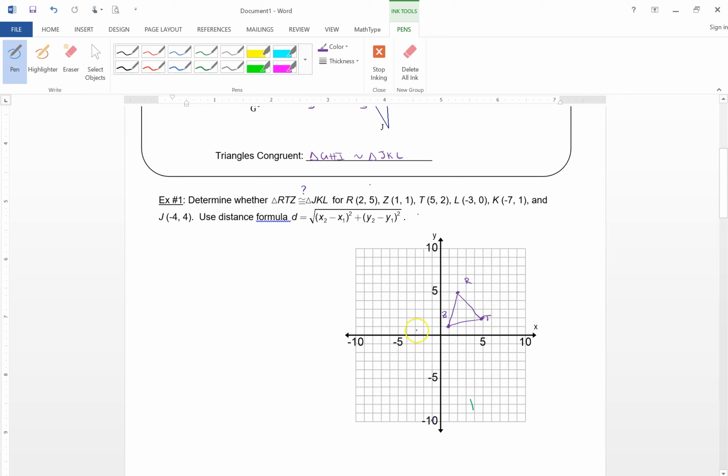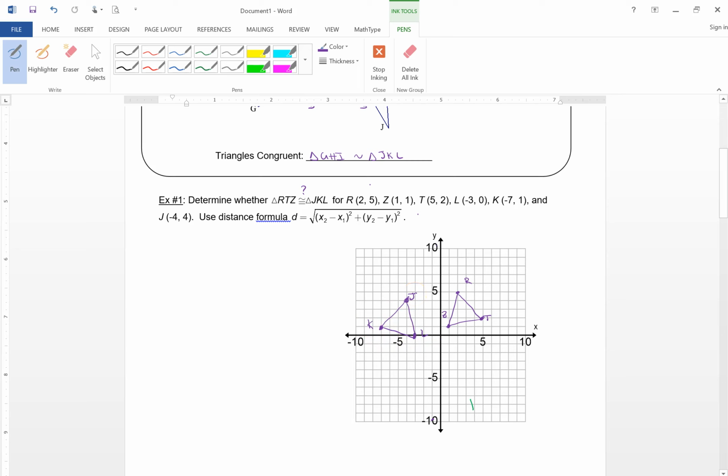And for the other one, L is at -3, 0. K is -7, 1. J is -4, 4. So this is L, K, and J.